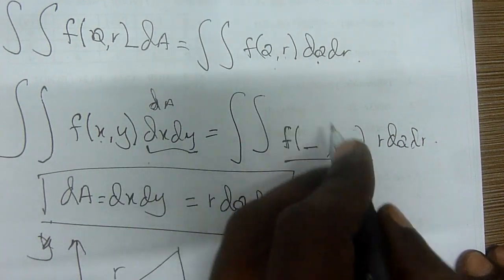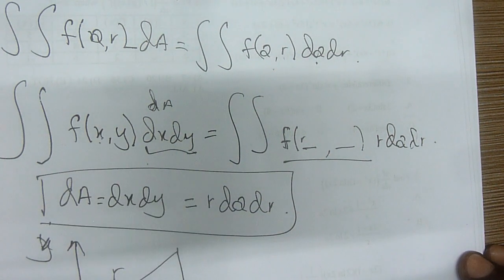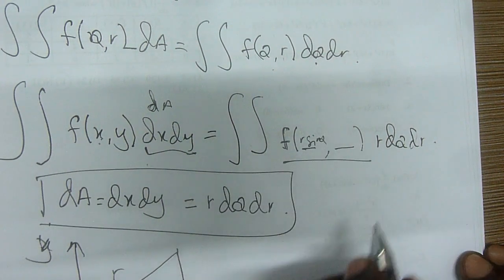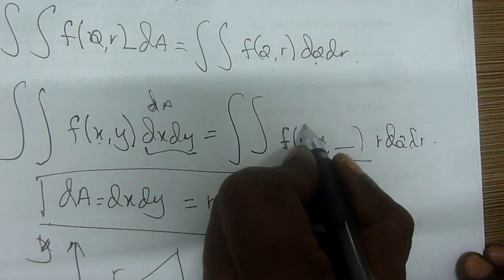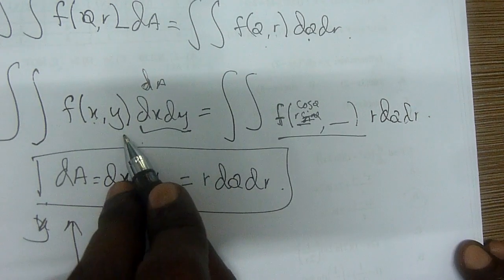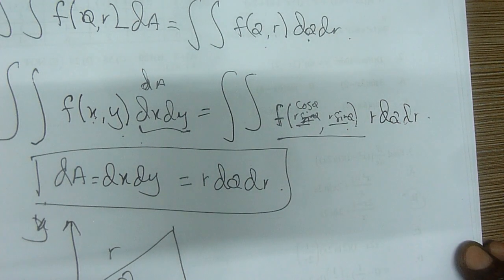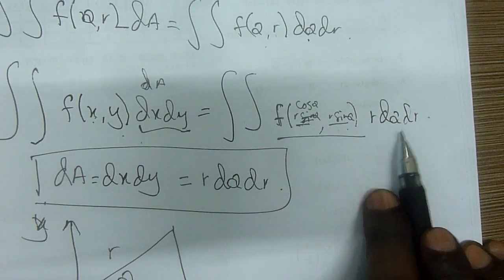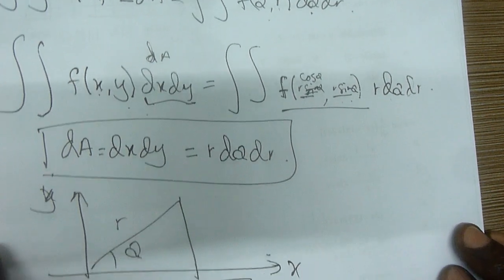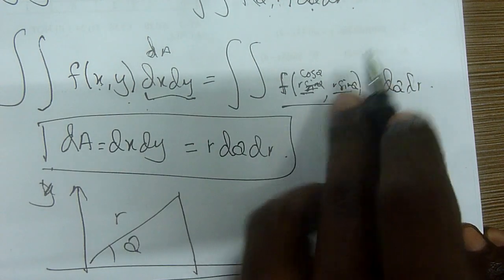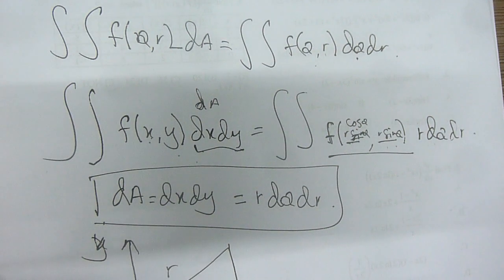The convention is you can change this as r for the x representation, cos theta, and for the y it will be r sine theta. Therefore you can change this to r dr d theta. Can you see that? Hopefully this is how the convention really works, the changing process of the double integral.